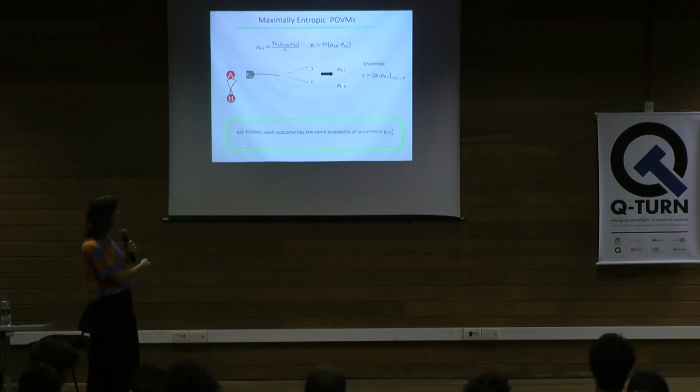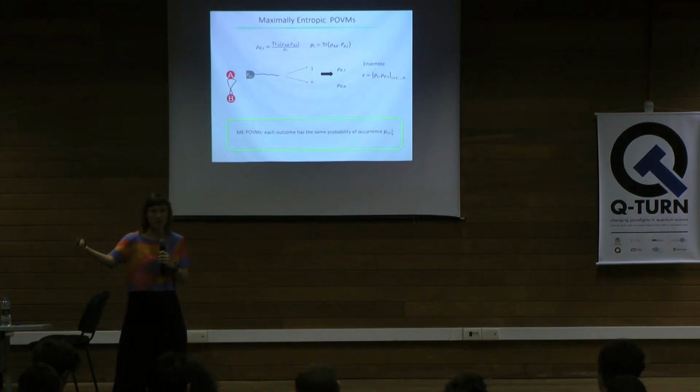So at the end, I have an ensemble of rho Bs, each one appearing with probability p_i. And I say that these POVMs are maximally entropic if these probabilities are the same. So each outcome has the same probability of occurrence. It can be that I have different rho Bs, but they will appear with the same probability.